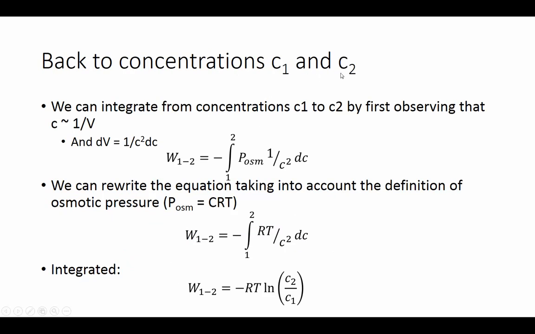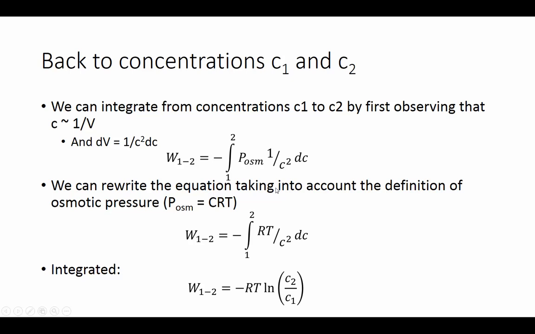Okay, so again, we go back to these concentrations here. We can integrate from concentration C1 to C2, whatever our initial concentration was, to the new concentration that we want, by first observing that C is roughly equal to 1 over V, and our change in volume is equal to 1 over C squared dC here.